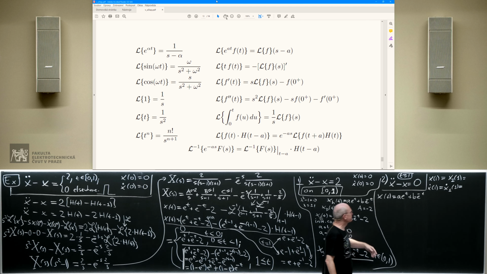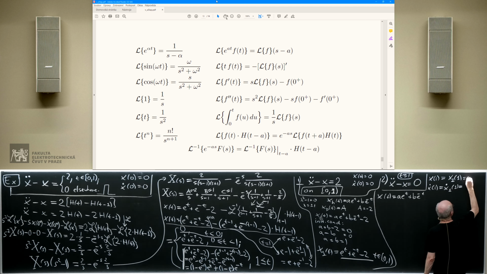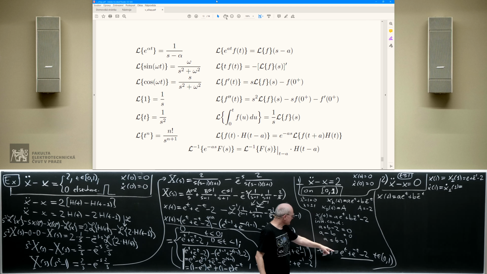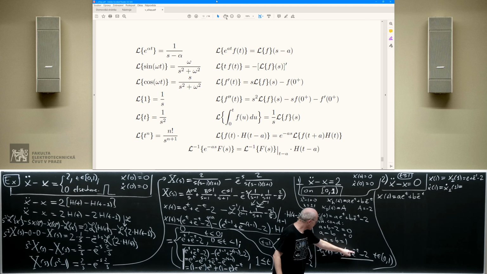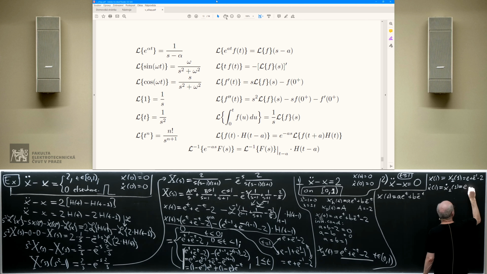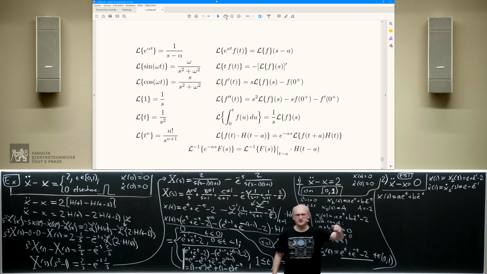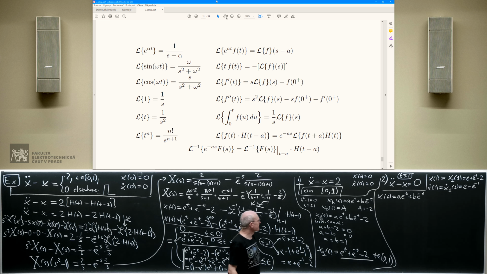So what is the value of our function at time 1? Well, we did it actually before when we were checking whether things connect or not. So we are getting e plus e to negative 1 minus 2. That's the value of our solution. And then we have to differentiate and substitute 1 into it. So we get e to 1 minus e to negative 1. So that's the new set of initial conditions for us.